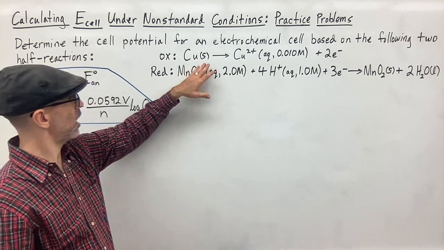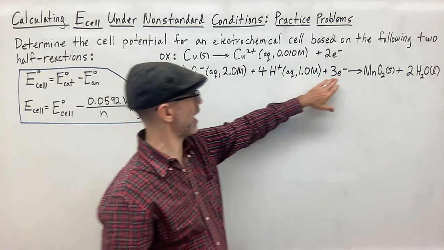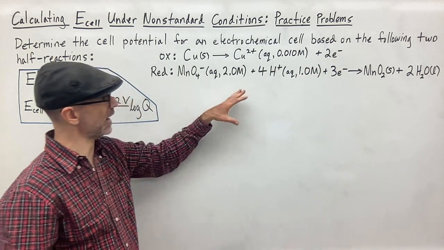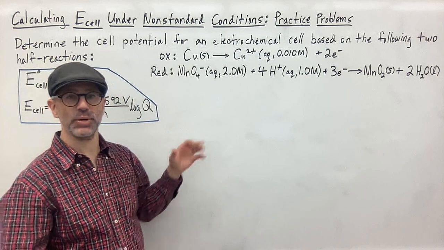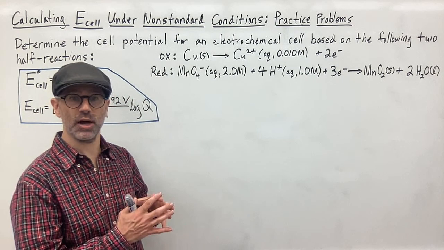Here we have two electrons given off, but then here we have three electrons being taken up. So we need to fix that in order to make sure we can add the half reactions together to a full equation.